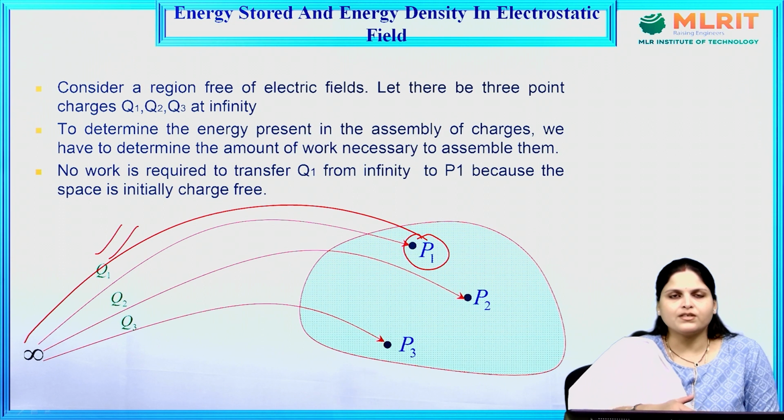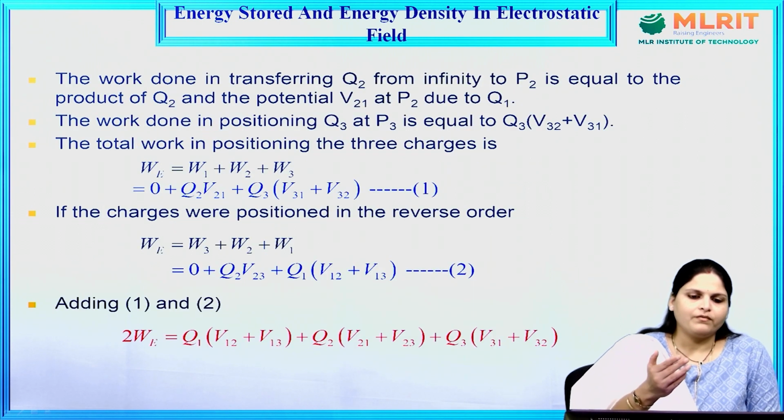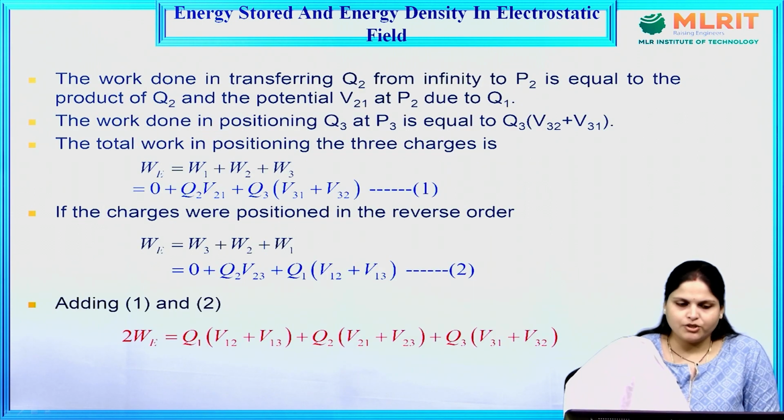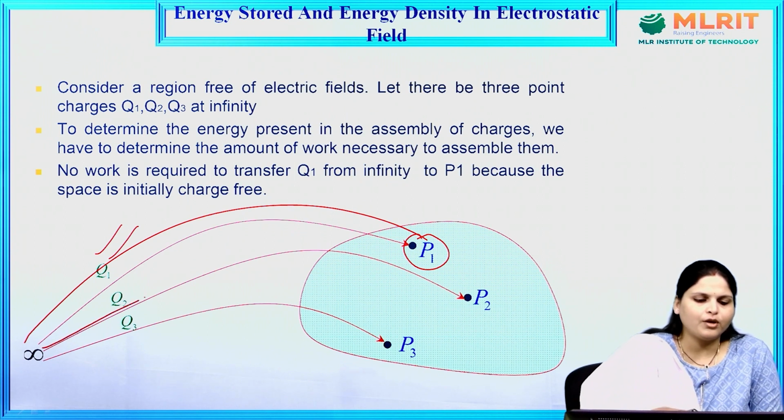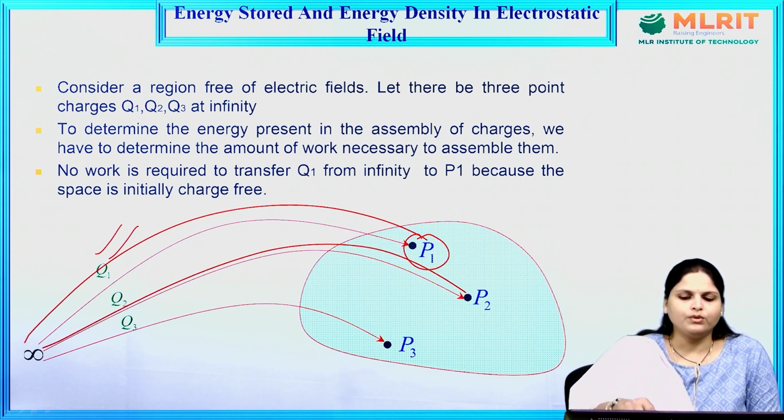Because there is no other charge present at that time, no work is required to transfer Q1 from infinity to P1, because the space is initially charge free.